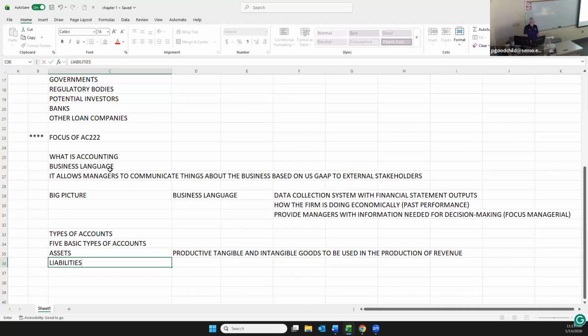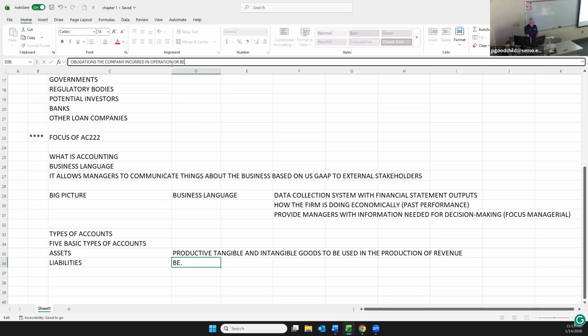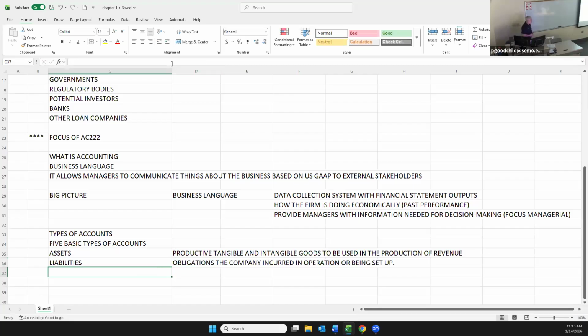Liabilities. These are the obligations the company incurred in operation. I should add, within the history of the organization.